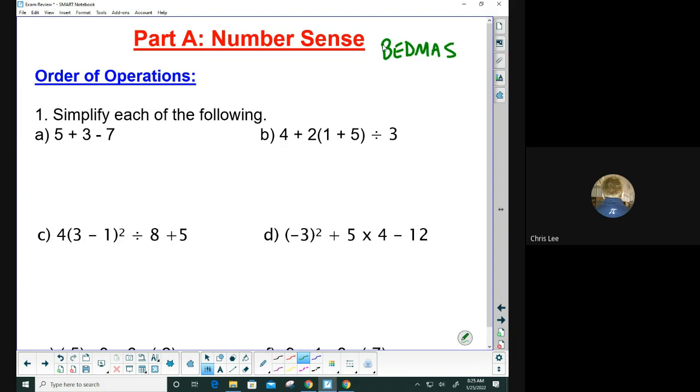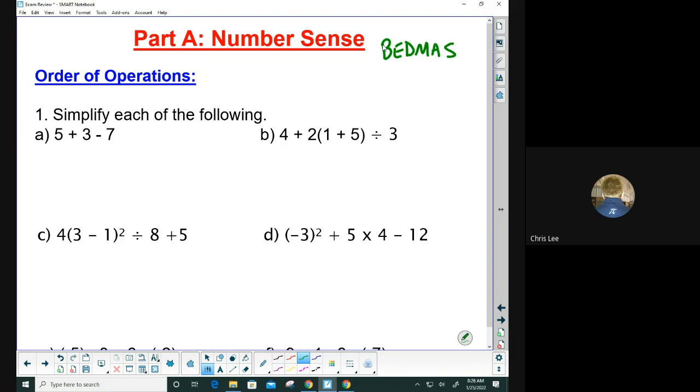All right, so in the first one, do I have any brackets or exponents? So, are there any brackets or exponents to do in this one?